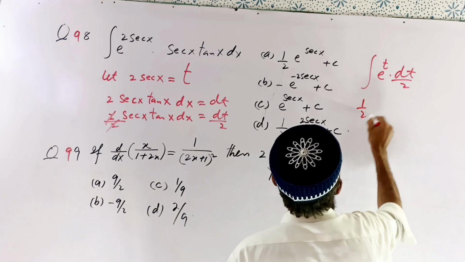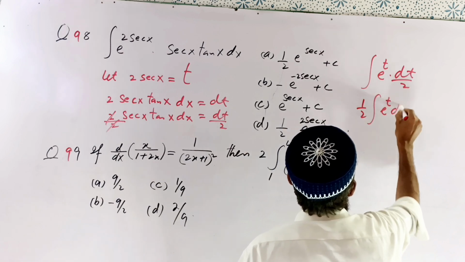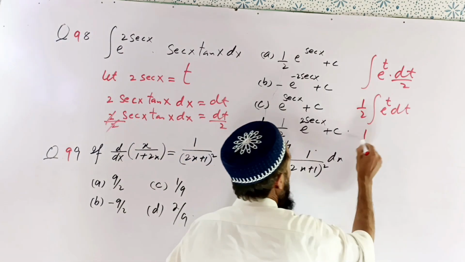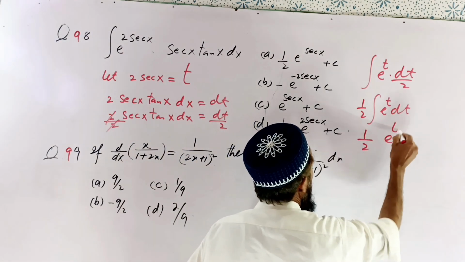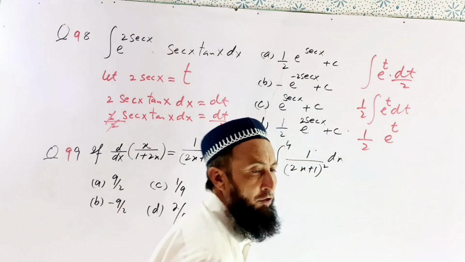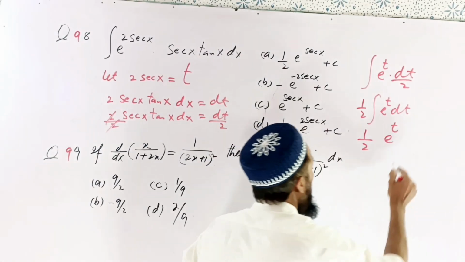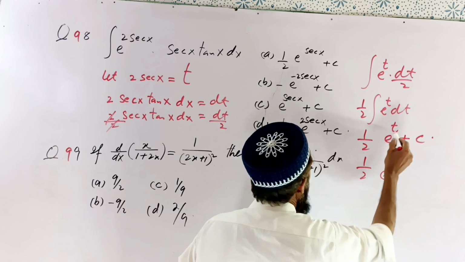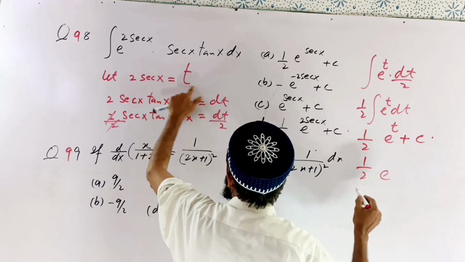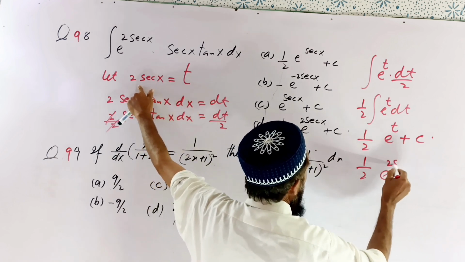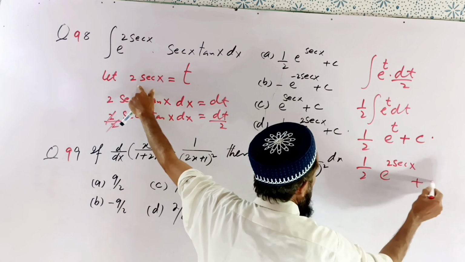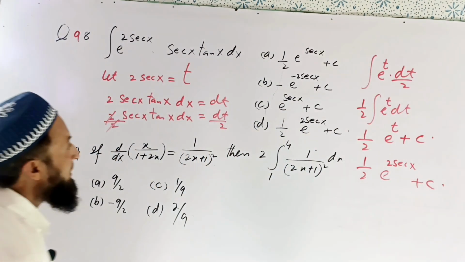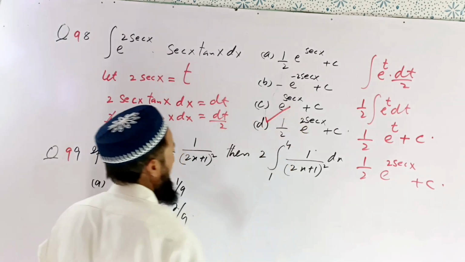So we can write 1 by 2 integration of e^t dt. According to the formula, the integration of e^t is e^t, plus c. Now we substitute the value of t, which is 2 secant x, plus c. Now we check, and option D is the correct option.